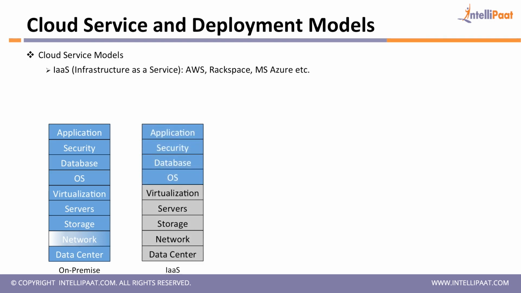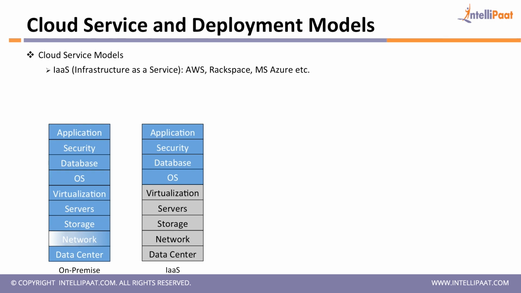In infrastructure as a service, we have the data center, network, storage, servers, and virtualization. Everything is provided by the vendor. The software layer, which is operating system, database, security, and application, is controlled by us. If we talk about AWS, it is an infrastructure as a service provider.